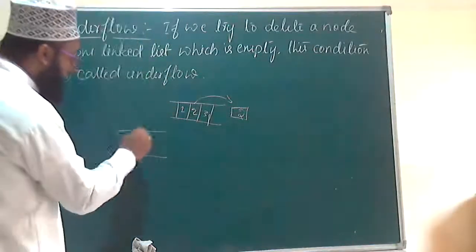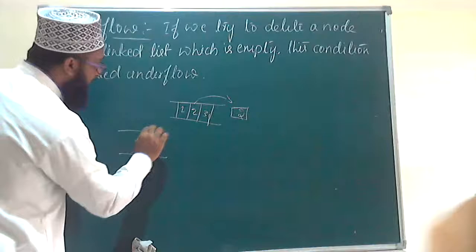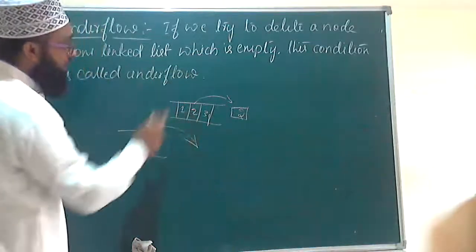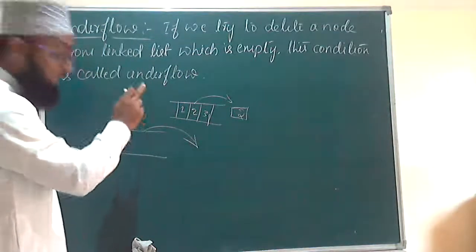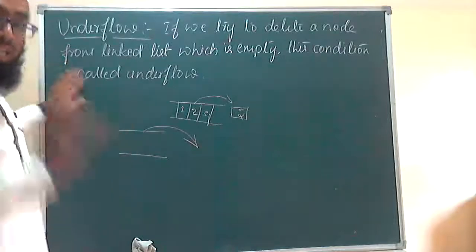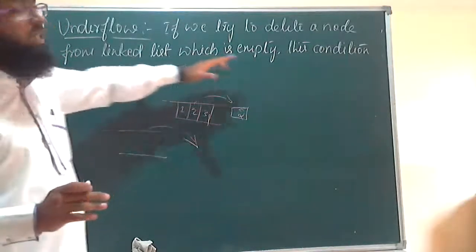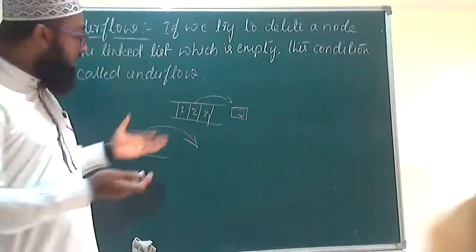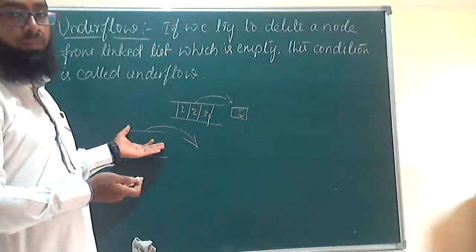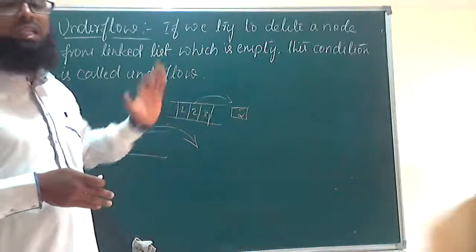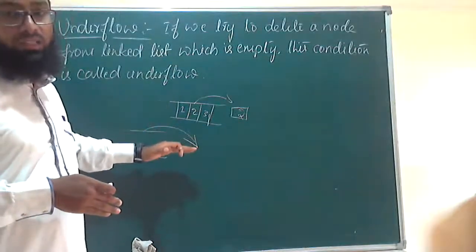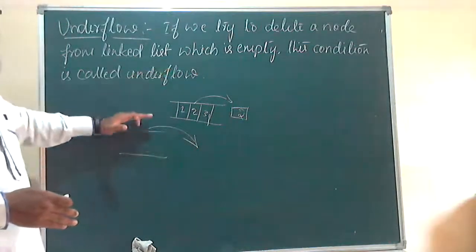If you try to delete a node from this empty linked list, then the process of trying to delete a node from the empty linked list is called underflow, because there are no nodes.